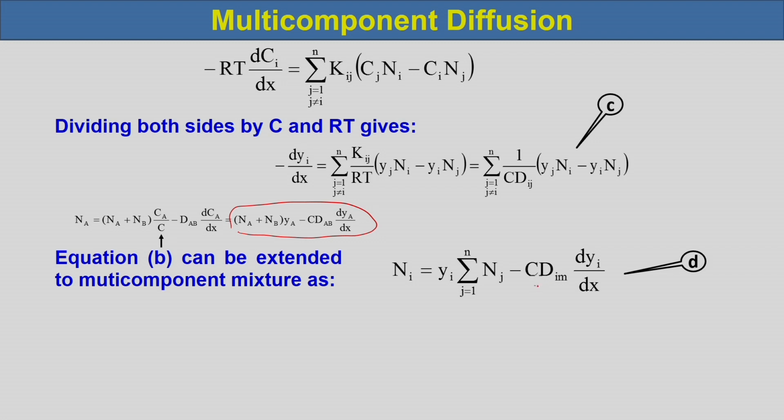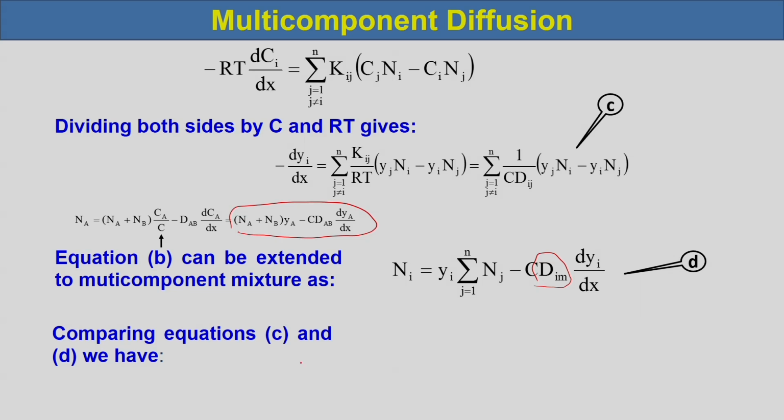So, this is the diffusivity of the mixture into dYi/dx. If there are two components, we have two fluxes, N_A plus N_B. Similarly, Nj represents the flux of the different components.